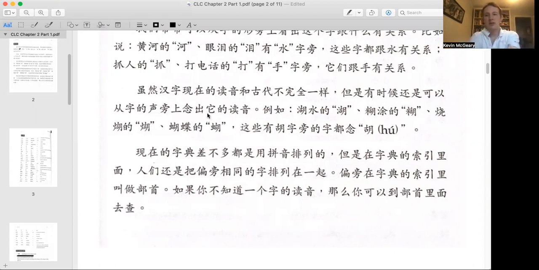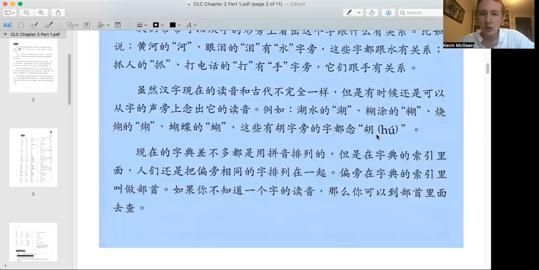We can see from a character's 声旁, sound element, its pronunciation. 例如, for example, 湖水的湖, the 湖 in lake, 糊涂的糊, the 糊 in 糊涂, confused, 烧糊的糊, the 糊 in 烧糊, burnt, 蝴蝶的蝴, the 蝴 in butterfly. 这些有胡字旁的字都念hu.